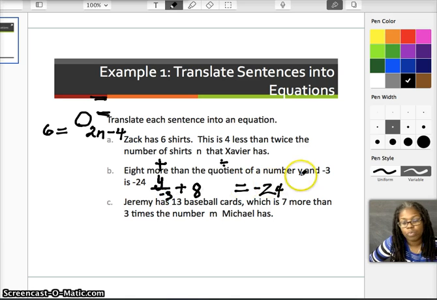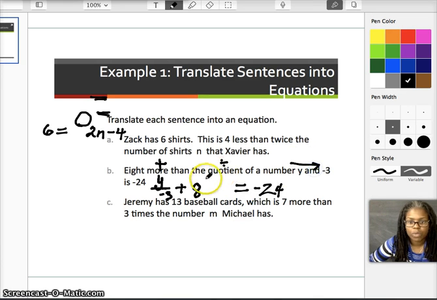How did I know it was y being divided by negative 3 and not negative 3 divided by y? I take it in order, just as it comes. So when it says the quotient of something and something, the first thing is going to be the dividend, or the number at the top, and the last number is going to be the divisor, or the number at the bottom. So this is the equation I get. Y divided by negative 3 plus 8 is equal to negative 24.